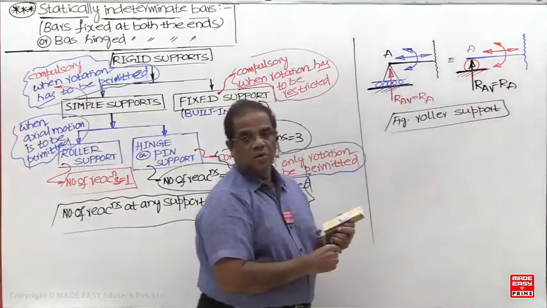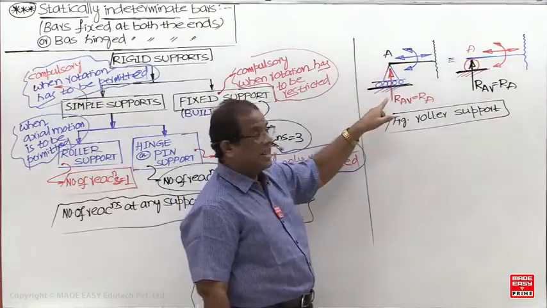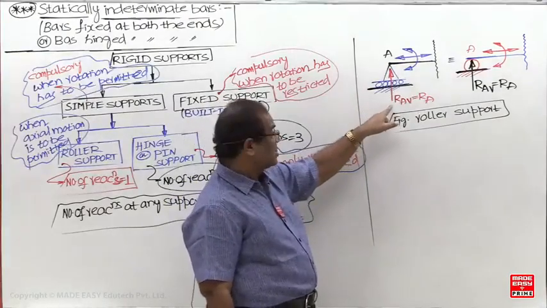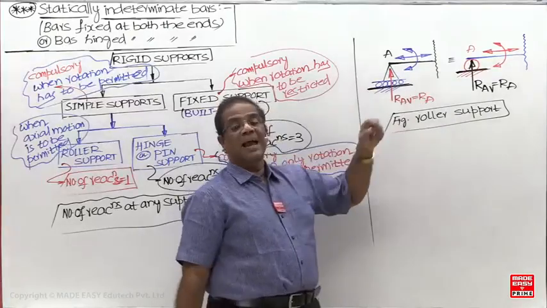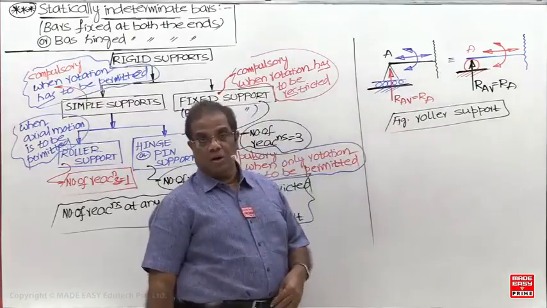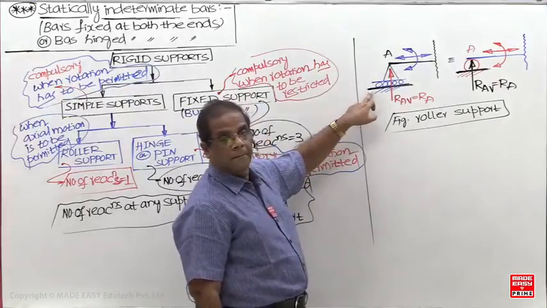Plane supporting the rollers. Now what is the relation between this reaction and this black color line, the plane supporting the rollers?